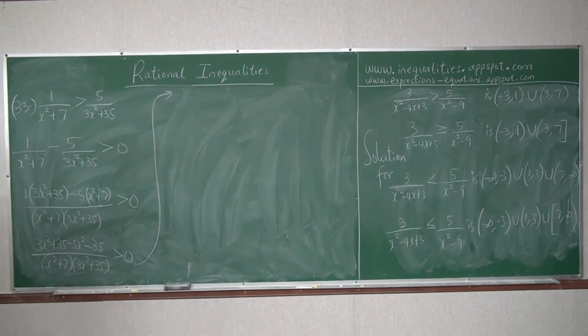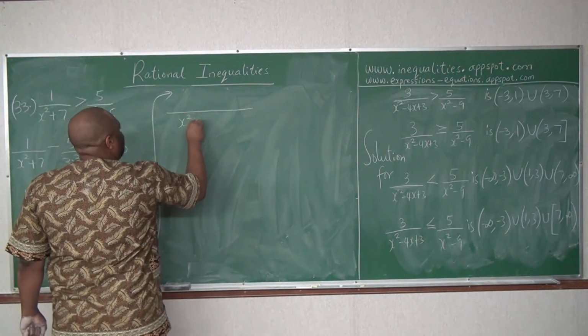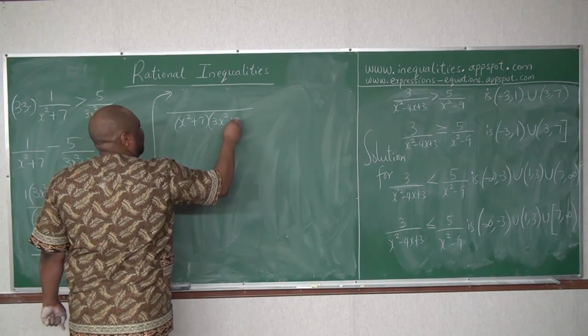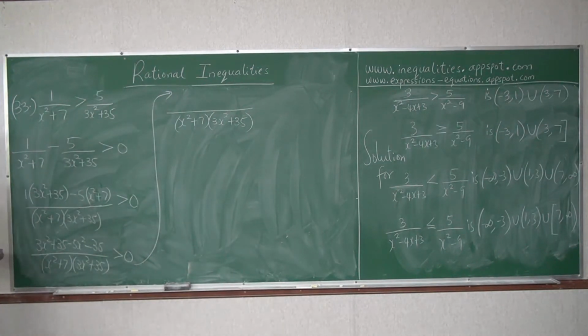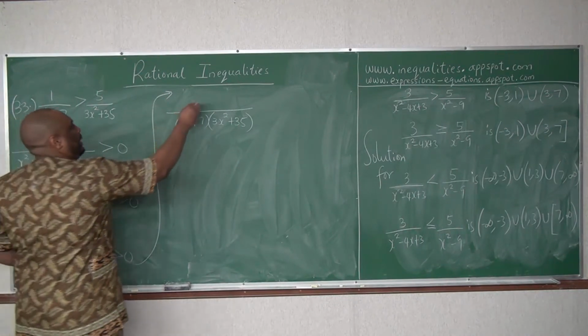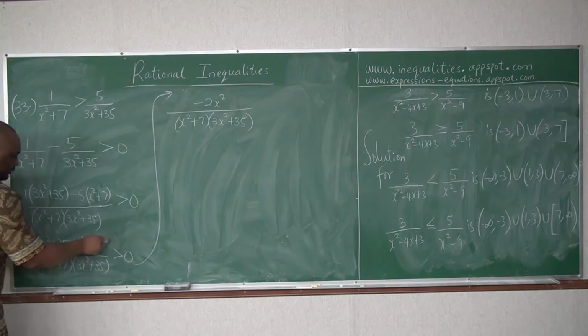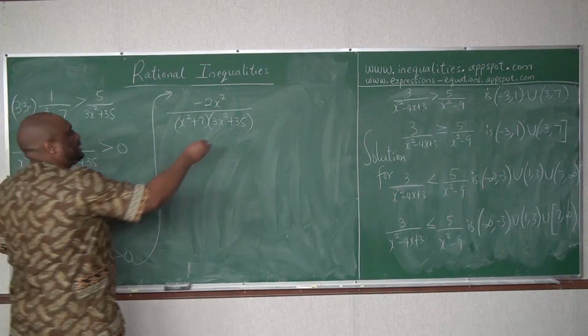So this will be over x squared plus 7 times 3x squared plus 35. And here, 3x squared minus 5x squared is minus 2x squared. 35 minus 35 is gone. Alright, so this is greater than 0.